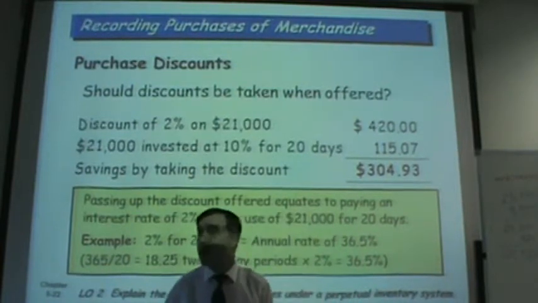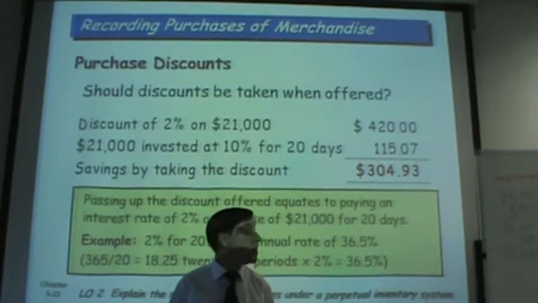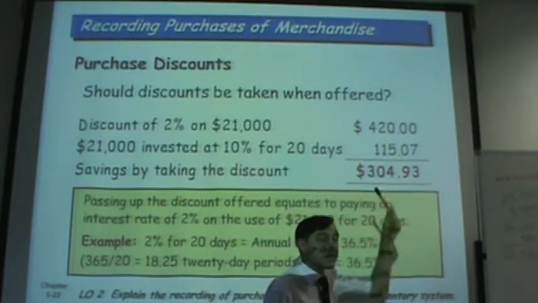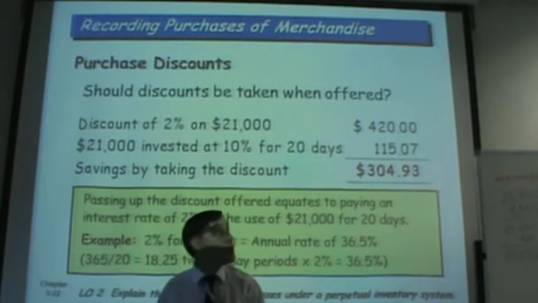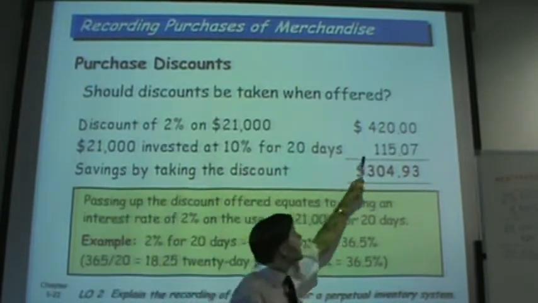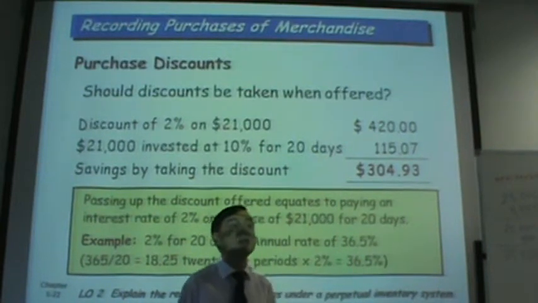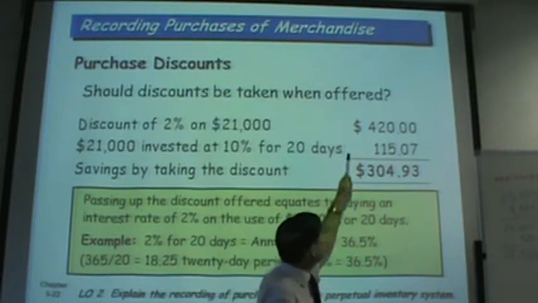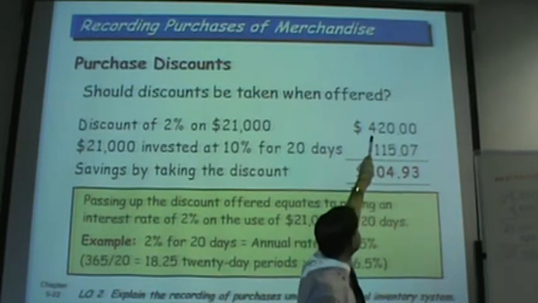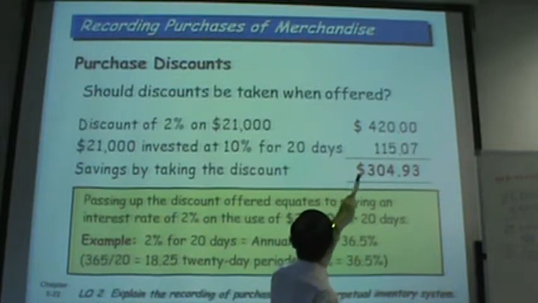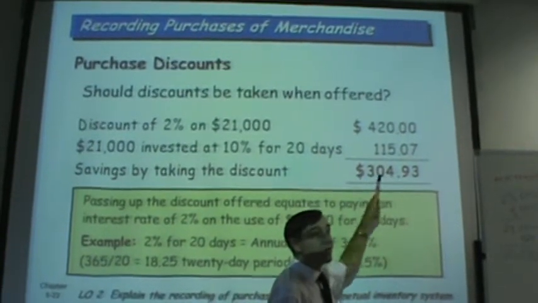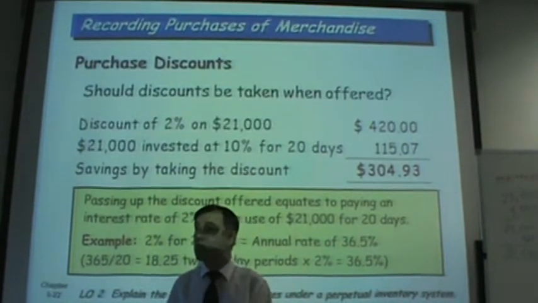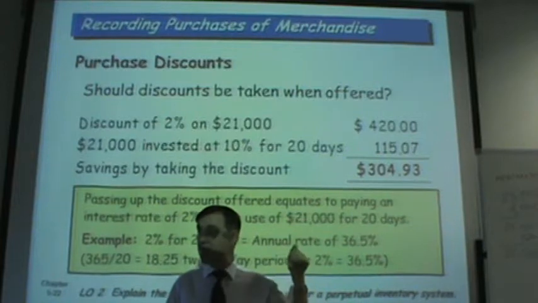So if you had to borrow the amount of money, you would pay 115. Instead, if you take the discount, you will get a 420 discount. So the answer is it is cheaper to borrow the money, pay the 115, and get the discount of 420, and you save $304. So it is cheaper to pay early and get the discount.